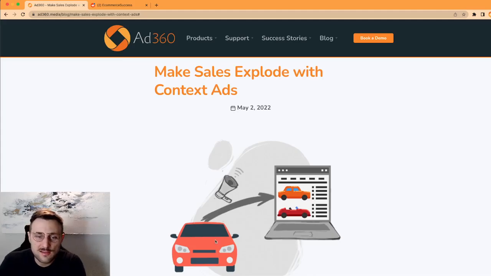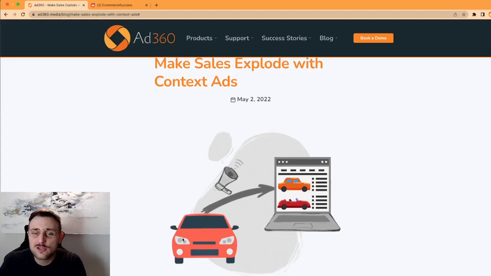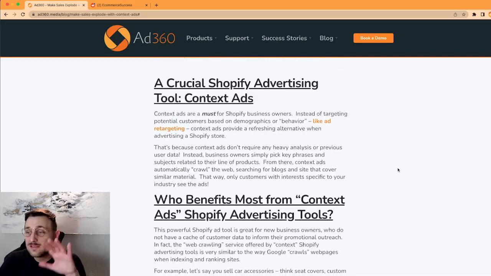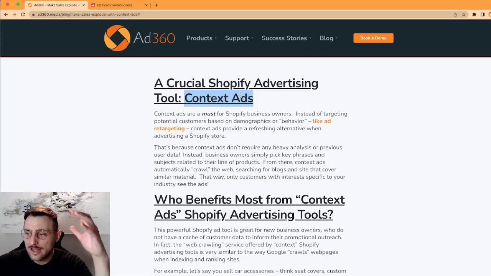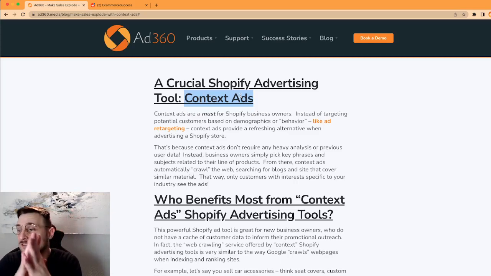And today you see in this little image, I use another example, a car product which gets advertised on a car-related website. So basically that's what contextual advertising is. Context advertising means that you're focusing more on where you're advertising and less on who you're advertising to.